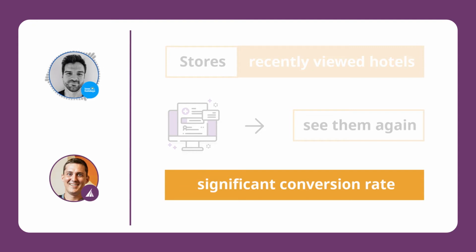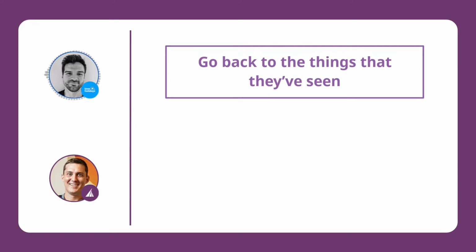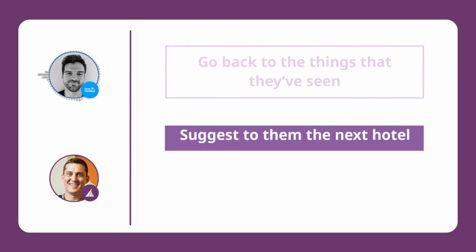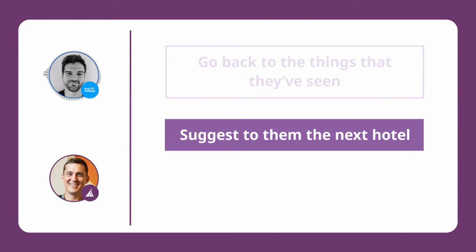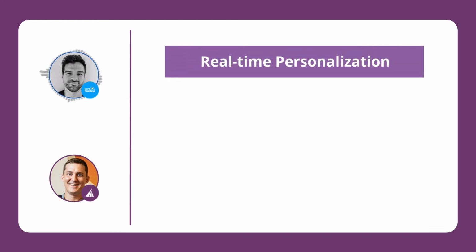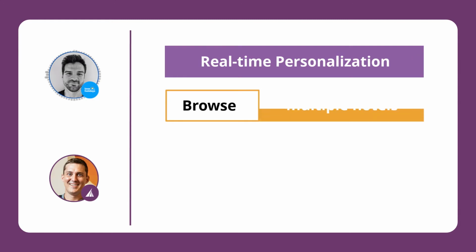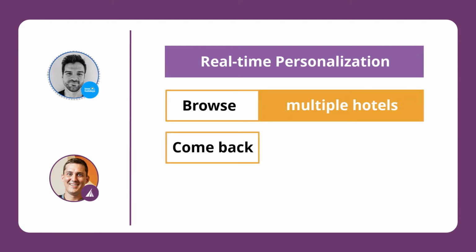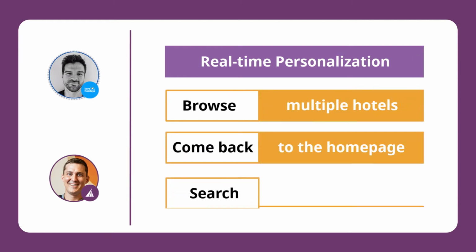The hypothesis is that people like to go back to the things they've seen, but now we want to think about suggesting the next hotels they should be looking at based on their viewing behavior. This is where real-time personalization comes in. Customers browse multiple different hotels, and then they come back to the homepage to search for their next holiday.